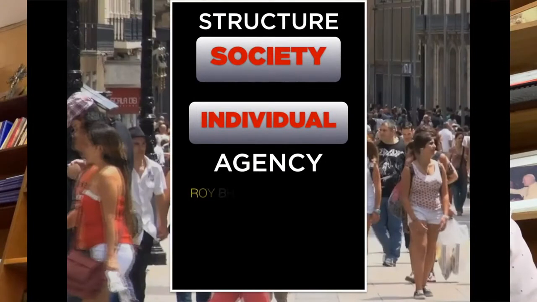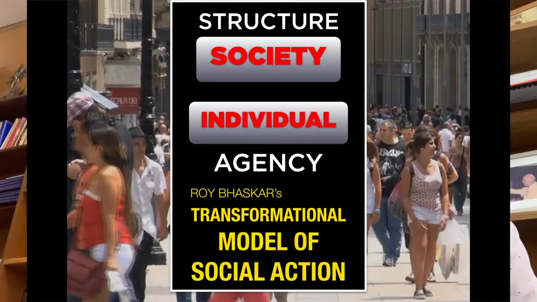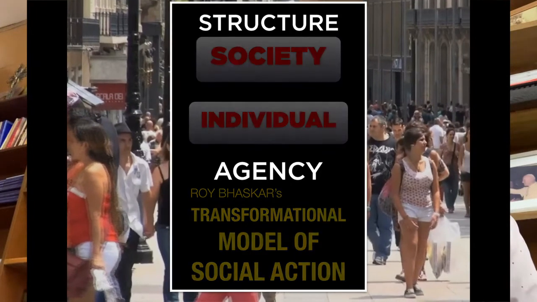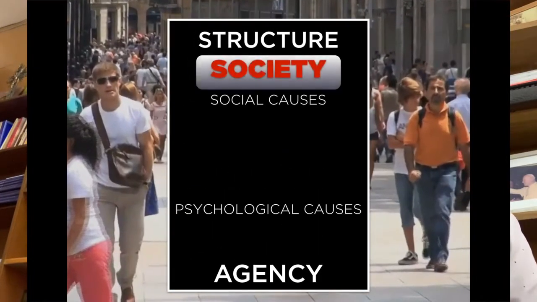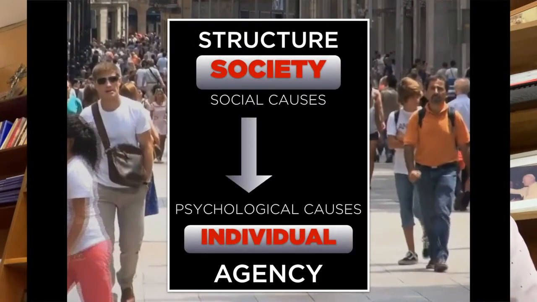Roy Bhaskar's transformational model of social action clarifies the relationship between society and people, between structure and agency. The first big idea here is that the social causes are rooted in the psychological causes. In other words, society is necessarily made up of individual persons. There's no going around that. But the other big idea here is that even if society is rooted in its individual members, society cannot be reduced to the individuals.